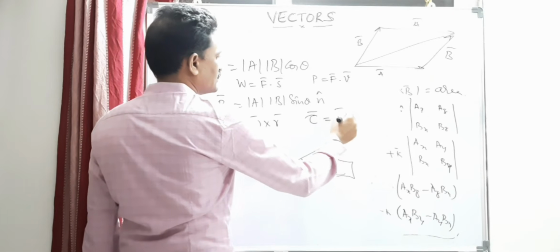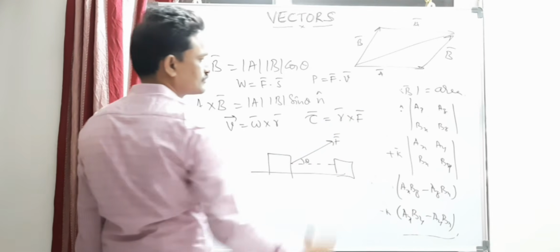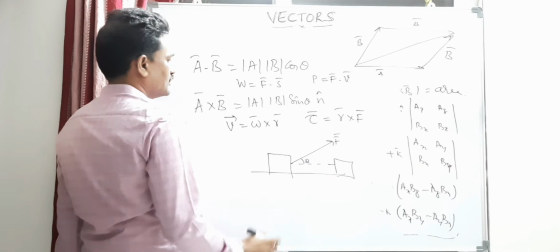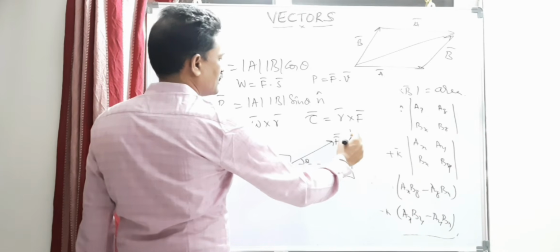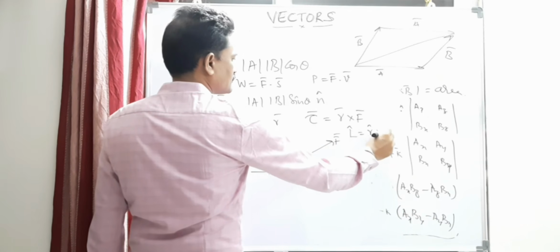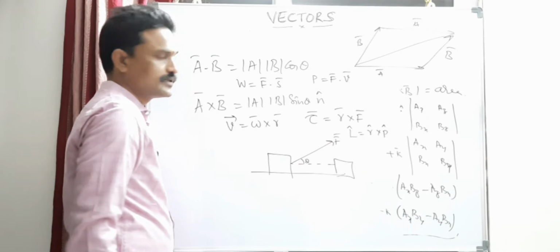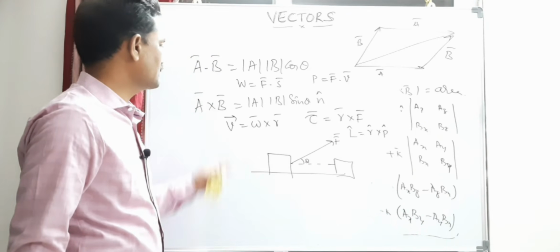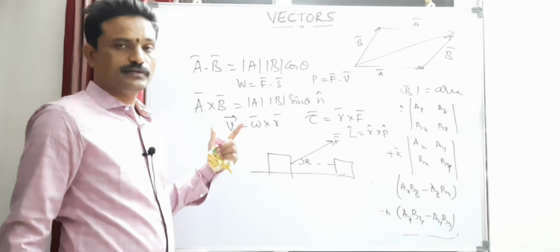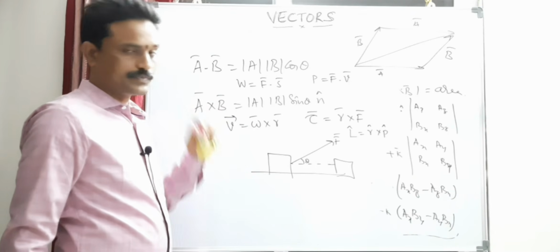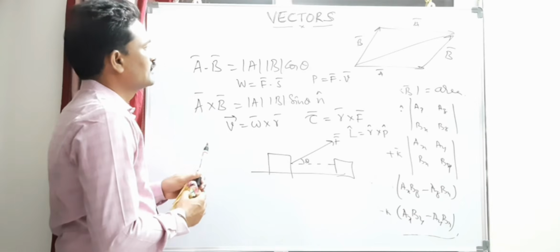Torque is defined as r cross F, where F is force and r is the radius. You can also have another one, L equals r cross p, which is the relationship between angular momentum and linear momentum. So these are the examples for dot product and cross product, right?